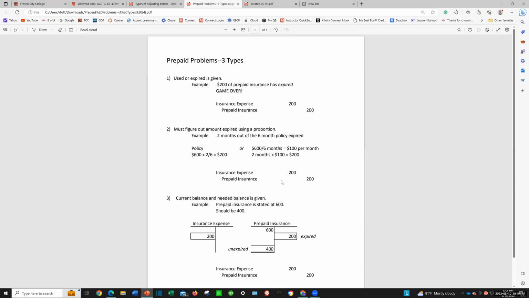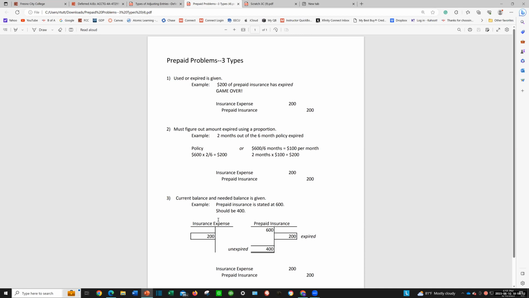Okay, the third one is this. They're going to give you a current balance and a needed balance. This is the example. Prepaid insurance is stated at 600, but it should be 400. So in that type of thing, get your T account going.